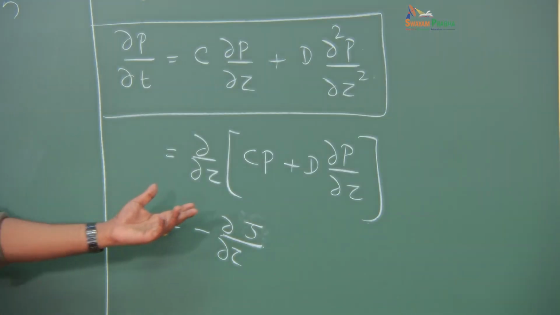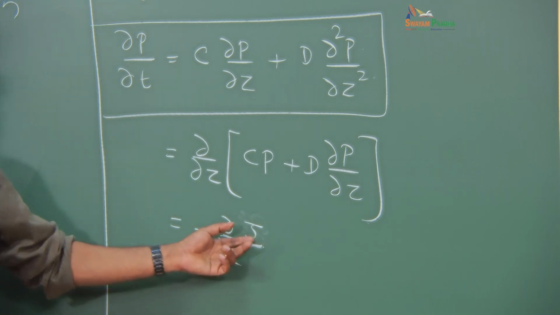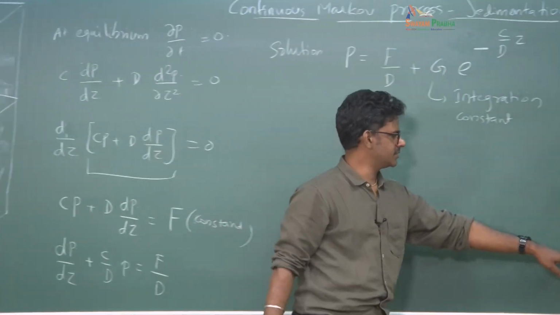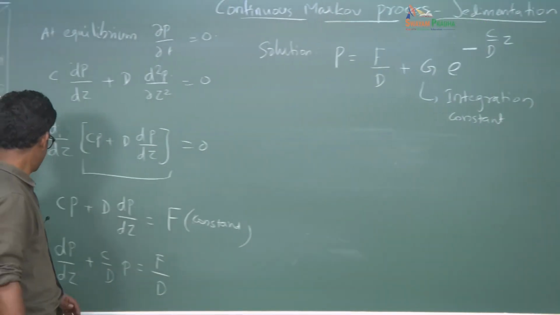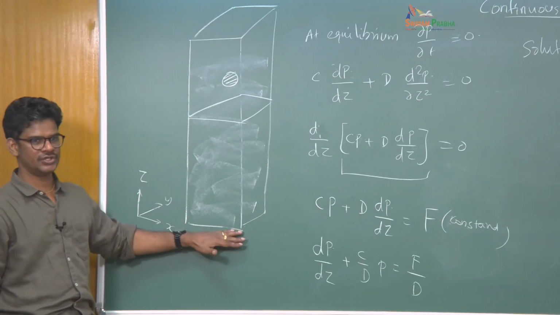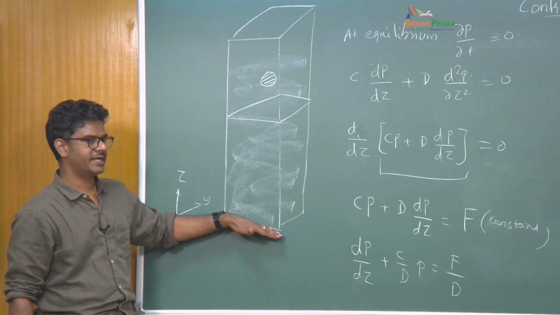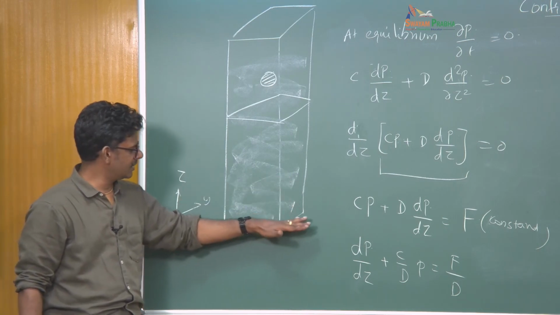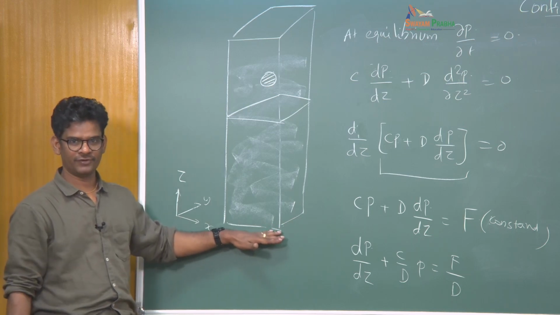What you get in this entire term here is nothing but the flux J. Why I am saying this is a flux is because I am going to invoke the boundary condition that when the particles sediment and reach the boundary at z equals 0, the particle cannot go further. It can only get reflected. So this is an impermeable boundary for this particle.